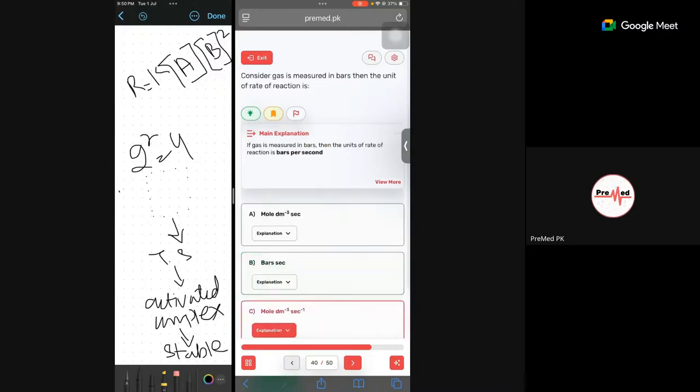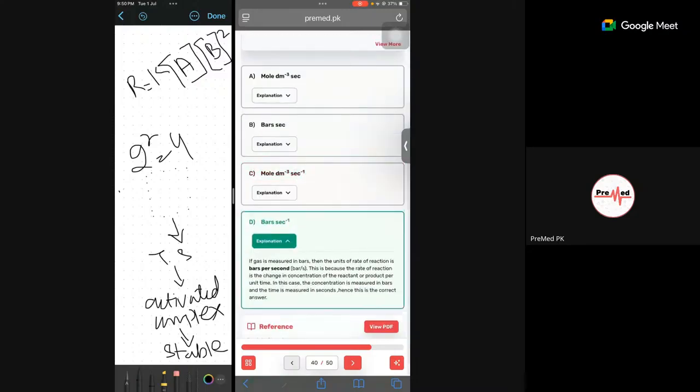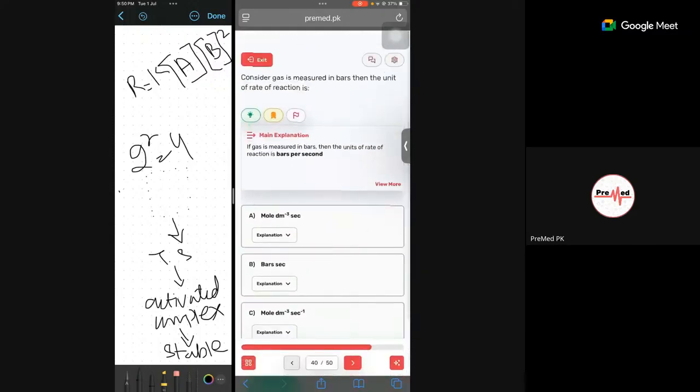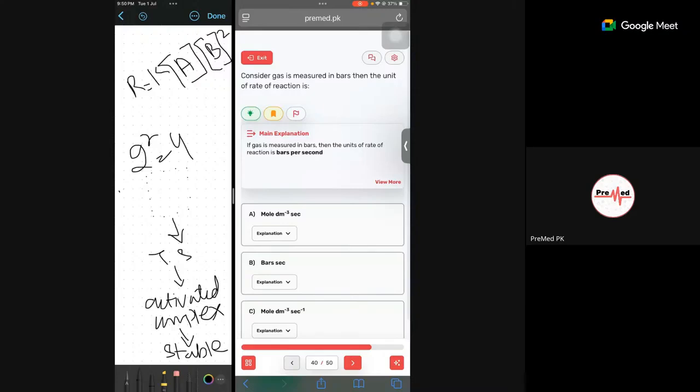It quadruples the rate. Next one is an out-of-course MCQ, but it is very important in case you get bars or Pascals in your paper. The MCQ is: consider gas measured in bars, then what is the unit of rate of reaction? Well, the actual unit is mole per dm³ per second.